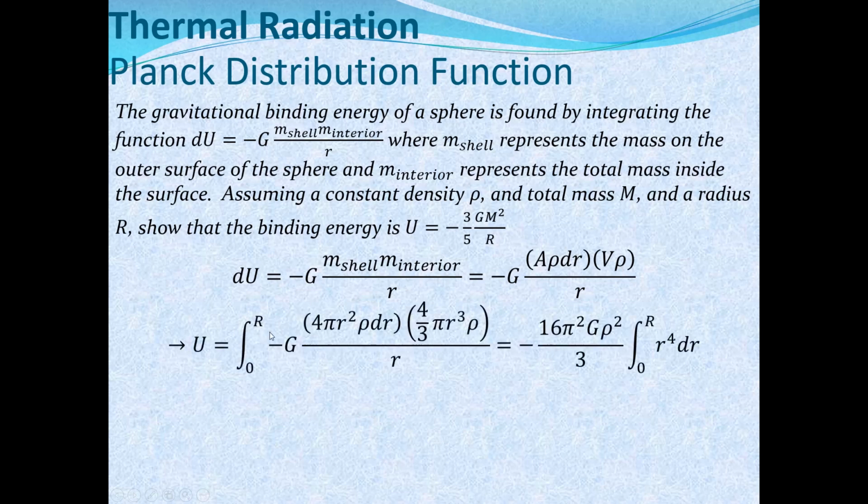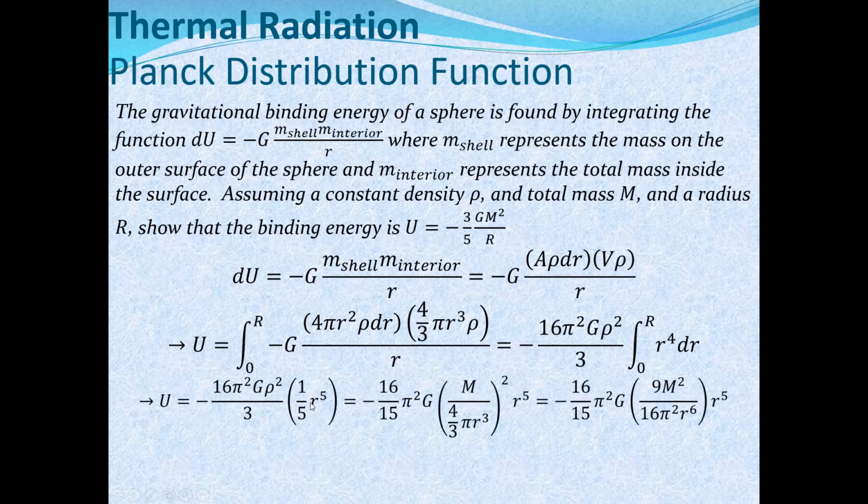From here, we integrate with respect to dr. We can replace the surface area and the volume with their equations, because we know that they are r dependent, and the densities can be pulled out since they're constants, and we get left with this function right here. So we're just integrating along r to the fourth.